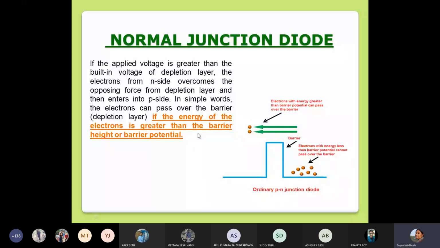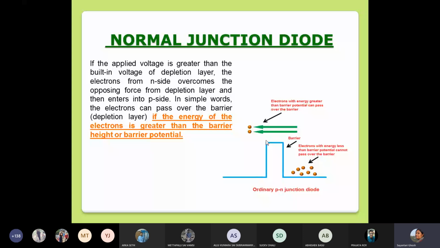So this is the key understanding, the take-home message from the discussion that we had so far: in a normal junction diode, the energy of these electrons has to be higher than this barrier potential. But quantum mechanical tunneling says that there is a certain probability that you can reach the other side of the barrier even when your energy is a bit lower than the height of the barrier.